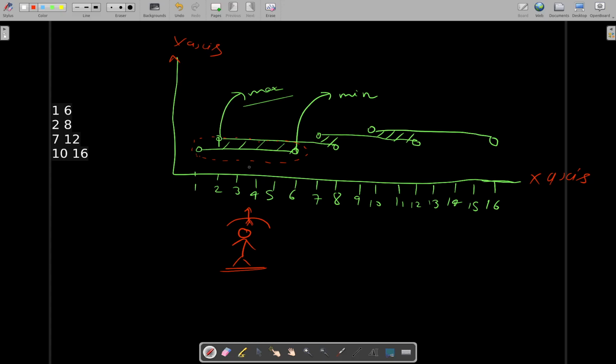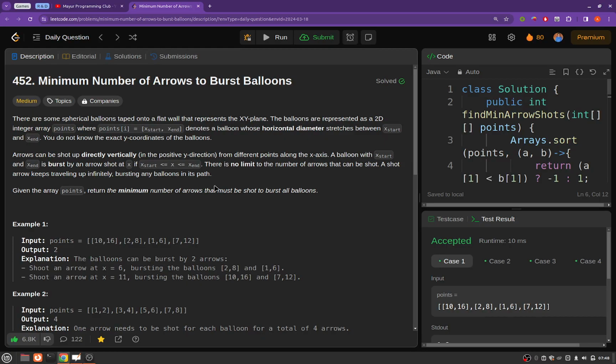So for example, if this arrow is shot from here, it will keep traveling infinitely and will not stop with any number of balloons in its way, and it will keep bursting all the balloons that are coming in its way, bursting any balloon in its path.